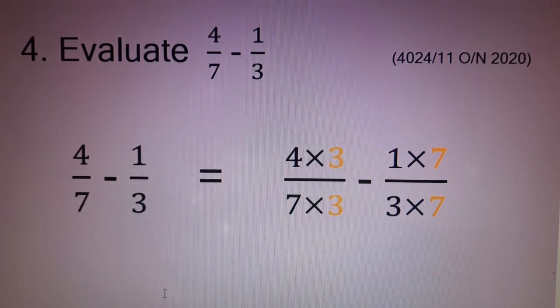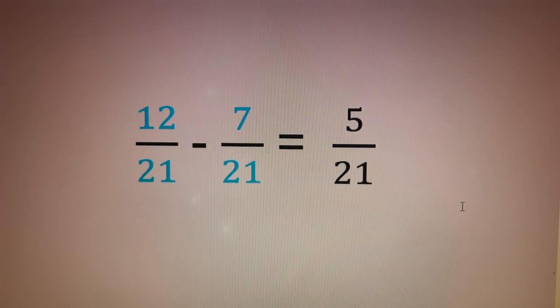In the first fraction, we multiply both numerator and denominator by 3. In the second fraction, we multiply both numerator and denominator by 7. Then you get 12 over 21 minus 7 over 21. When their denominators are the same, you can simplify their numerators. 12 minus 7, 5. Then answer is 5 over 21.